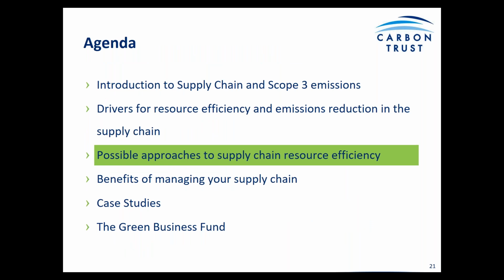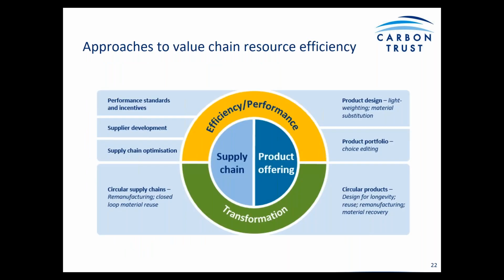So now let's have a look at how companies are addressing supply chain resource efficiency and what are some of the most common approaches. Here we can see a diagram, a framework that we find useful to classify the approaches that companies can adopt to address emissions and supply chain efficiency.